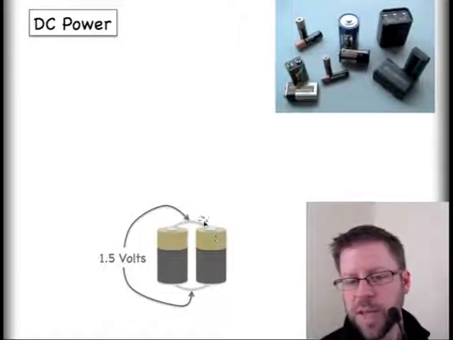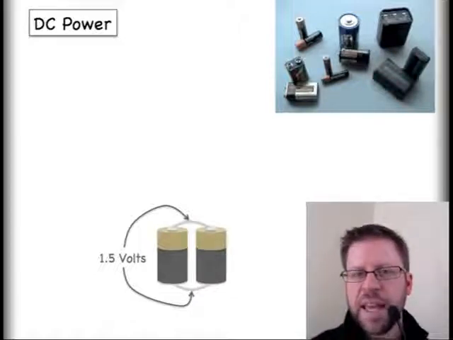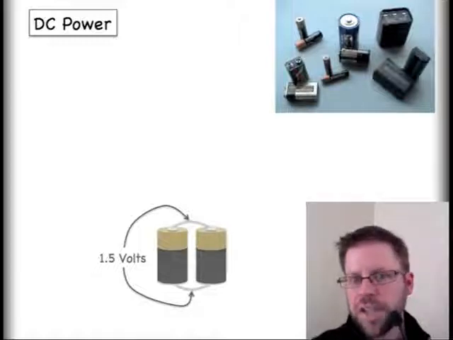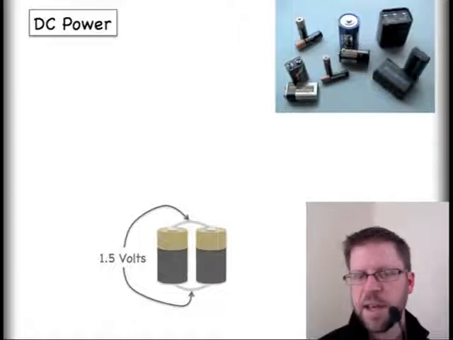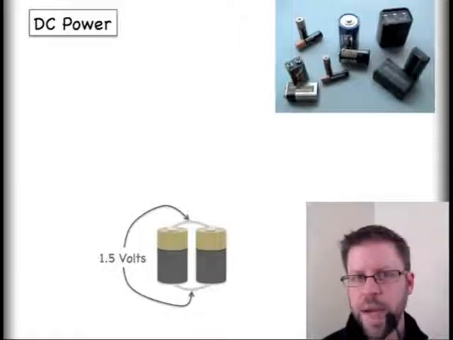So when I do this, I still am only going to have 1.5 volts between the negative terminals and the positive terminals. What I've done is I've basically increased the amount of charge that I have the ability to store within the batteries that I can transfer from one terminal to the other. So I've increased the lifetime of this battery pack by a factor of 2 if I have 2 batteries.